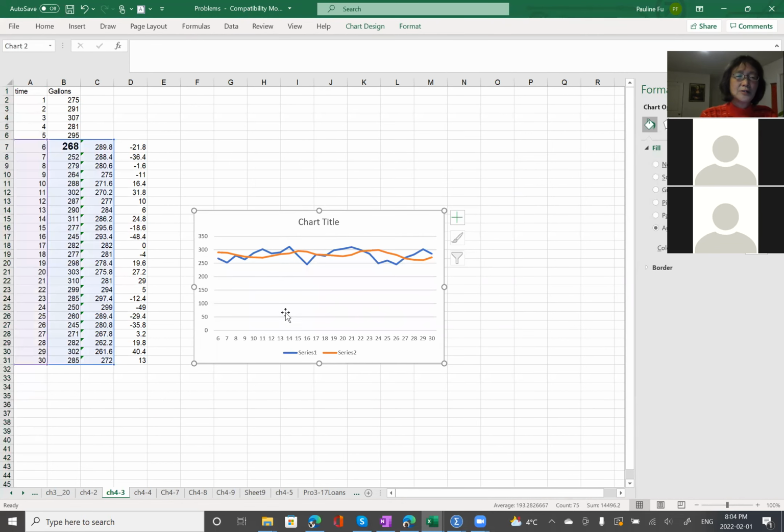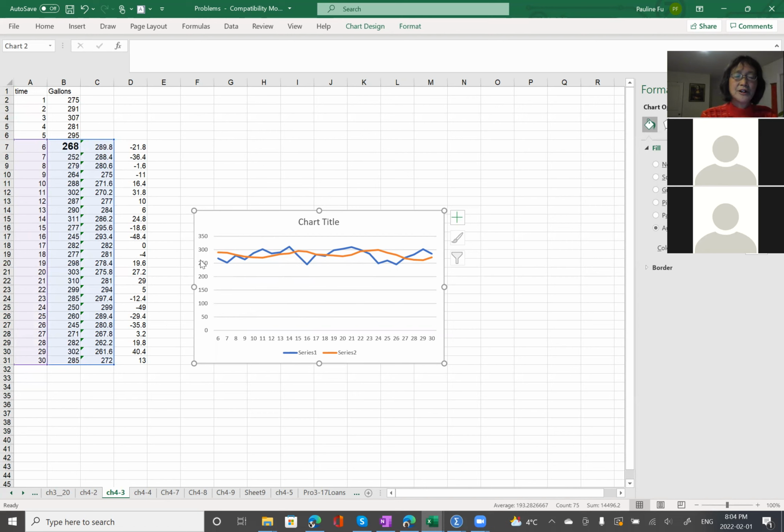Usually the first one is the blue one. The blue one is the first number here, 268, 252. The orange color represents the forecasted number.